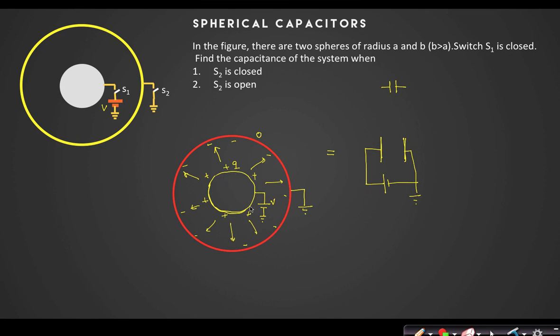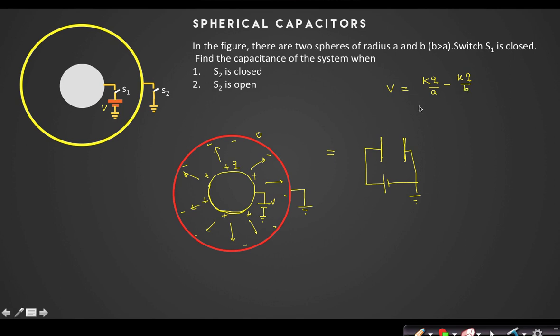What is the potential of that inside shell? KQ by A minus KQ by B. Yes, because there is also a minus charge on the outer surface. So I can say that V is equal to KQ by A minus KQ by B.